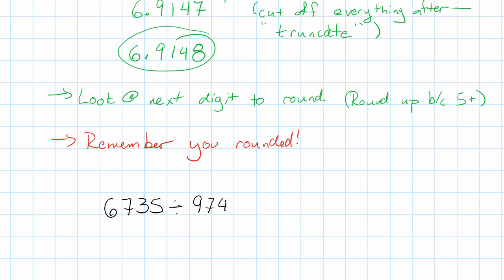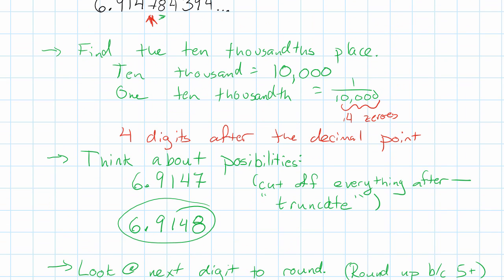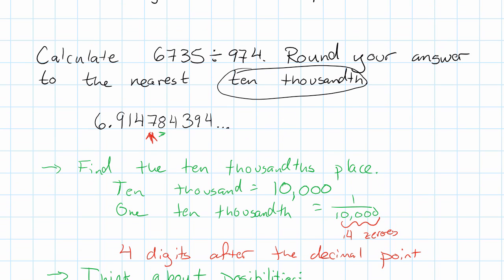6,735 divided by 974, and you may be tempted to write equals 6.9148. But that isn't really true, right? In reality, 6,735 divided by 974 is this horrible decimal, right?